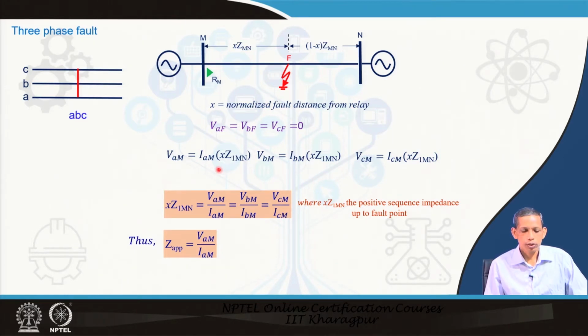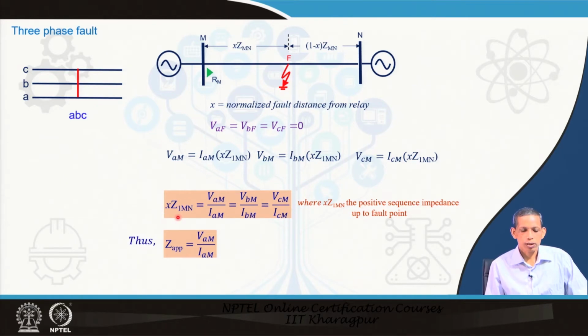So, therefore, to relate, you consider the corresponding positive sequence impedance x Z1 MN from any relation out of these three. We can say Vm divided by Im, or Vbm divided by Ibm, or Vcm divided by Icm. Note that the impedance here is a positive sequence impedance, because for the 3-phase fault only the positive sequence network remains.